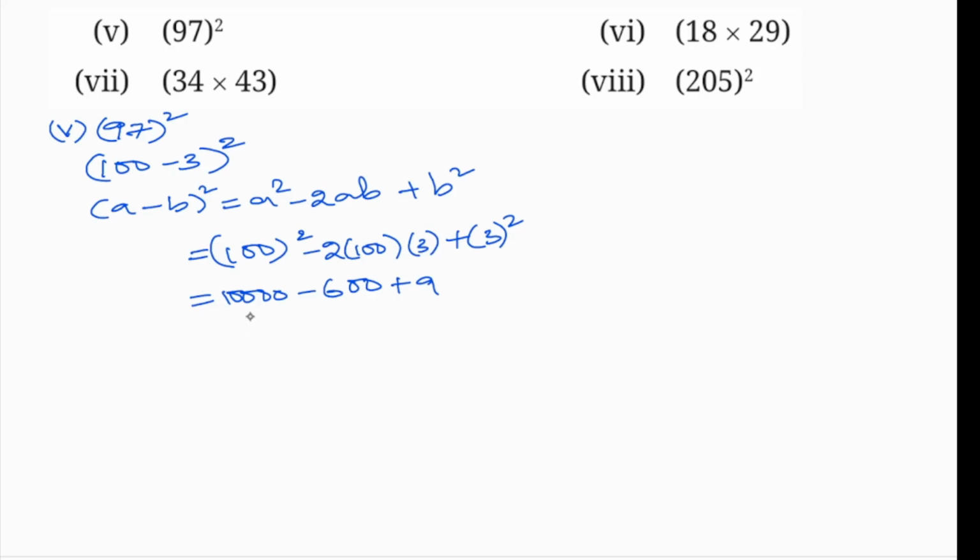If we add 10,000 plus 9 and subtract 600, 10 minus 6 is 4, and 9. So 9409.